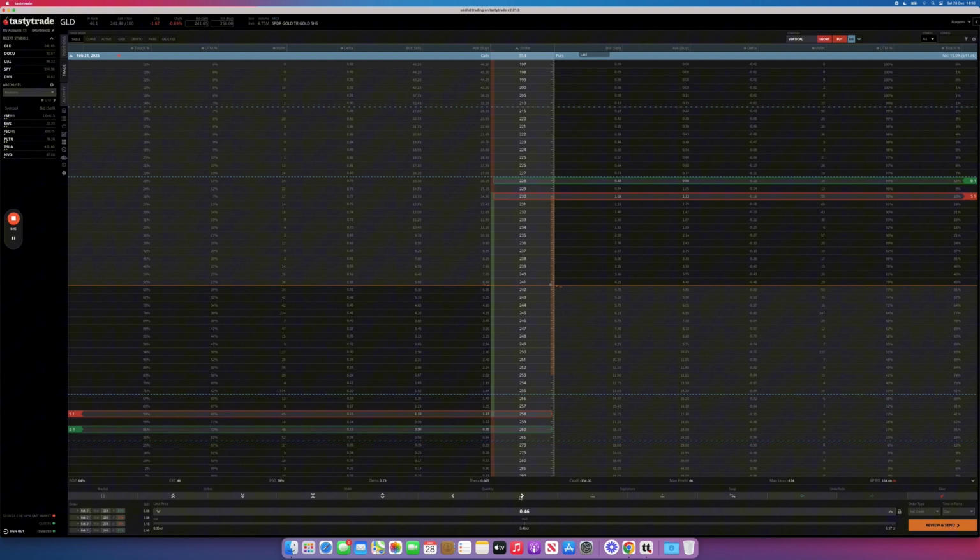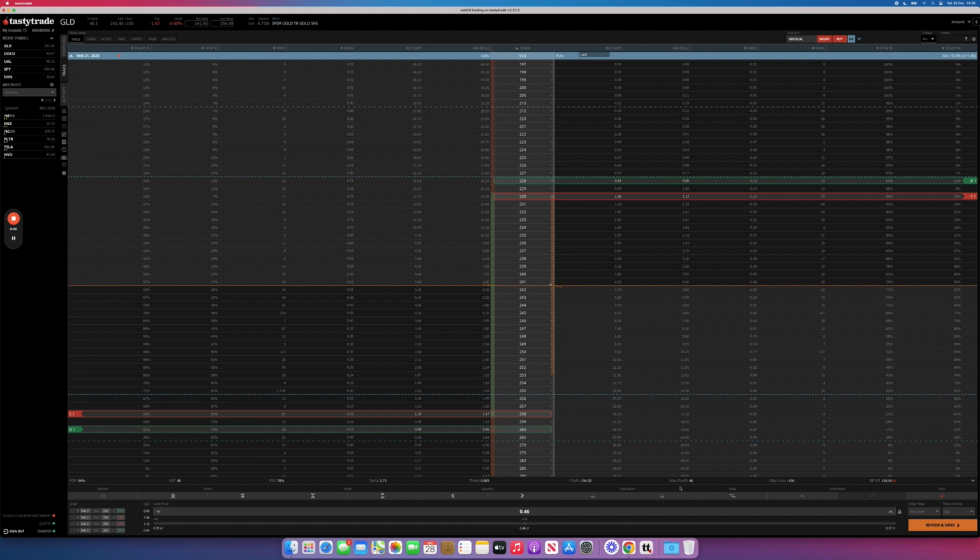So it's $2 minus 46 cents times the contract multiplier, which gives us a max loss of $154. So we collect $46 up front and we have a max loss of $154, and that's what our buying power requirement is now as well. So we've taken our buying power requirement from almost $5,000 to just over $150, which is now much more suitable for most portfolios. And if you notice here, we have a much higher return on capital now.